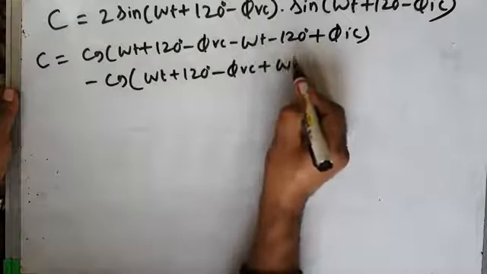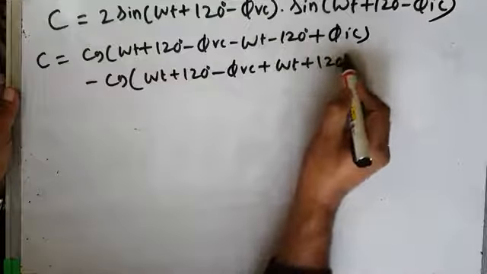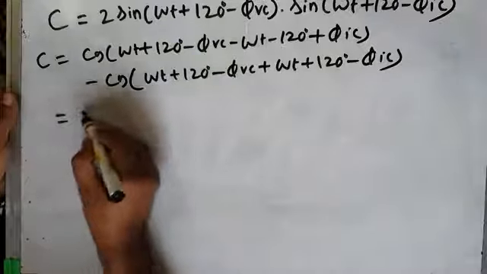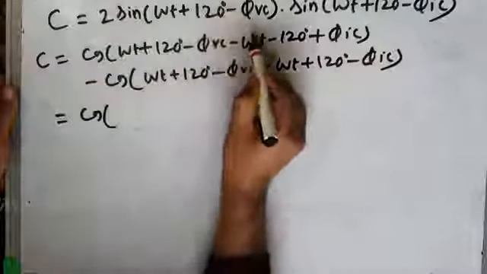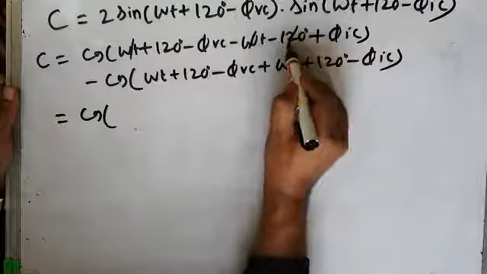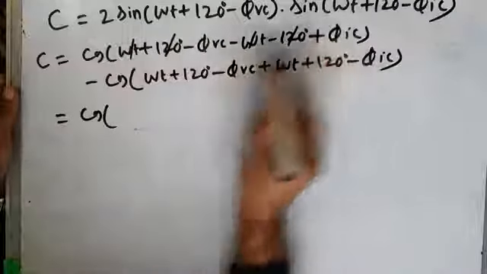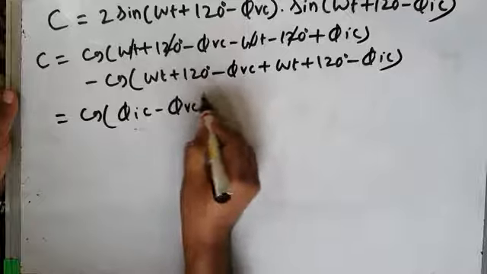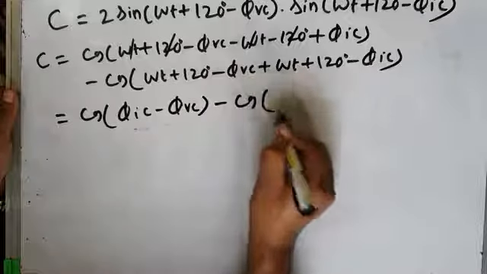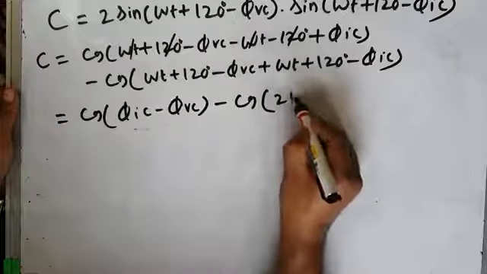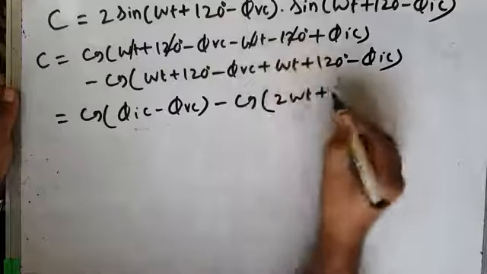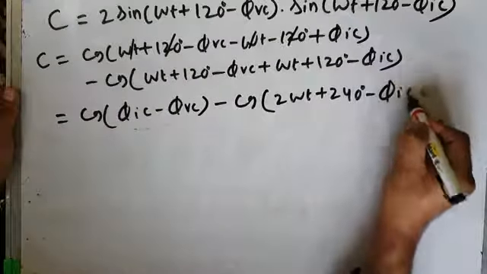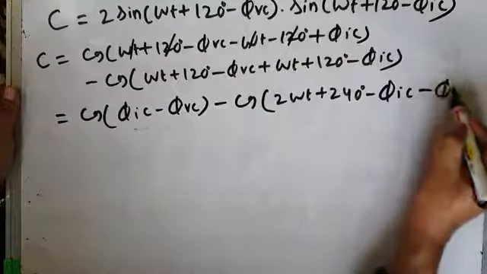Okay, so this is equal to cos of omega t, and omega t goes, plus 120 minus 120 goes, so it is phi ic minus phi vc, minus cos of omega t plus omega t is 2 omega t, plus 120 plus 120 is 240 degrees, minus first phi ic term, then minus phi vc term.